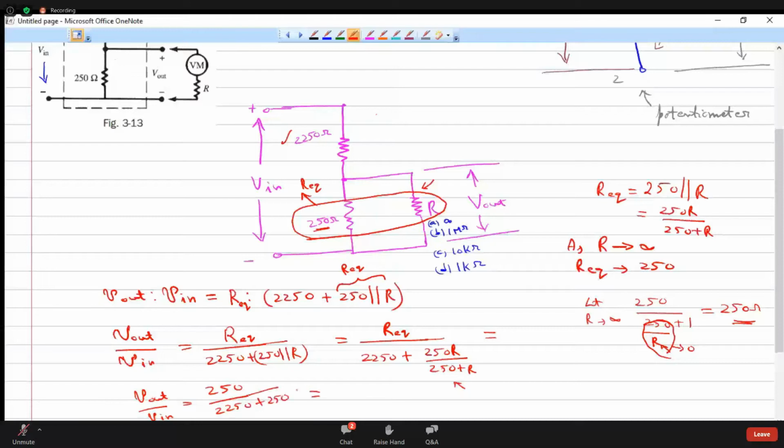So that should be equal to 250 divided by 2500. So that will be equal to 0.1.